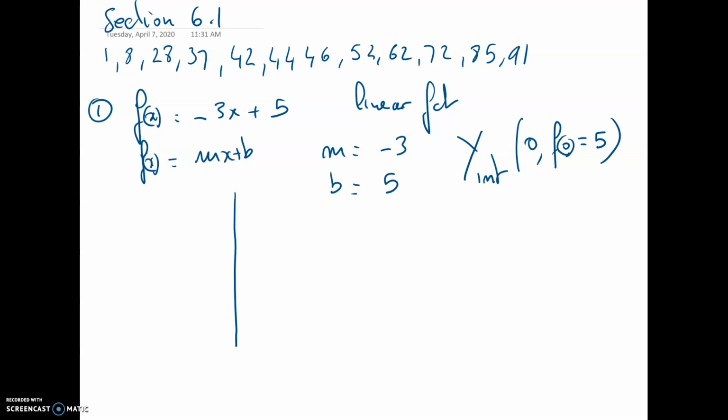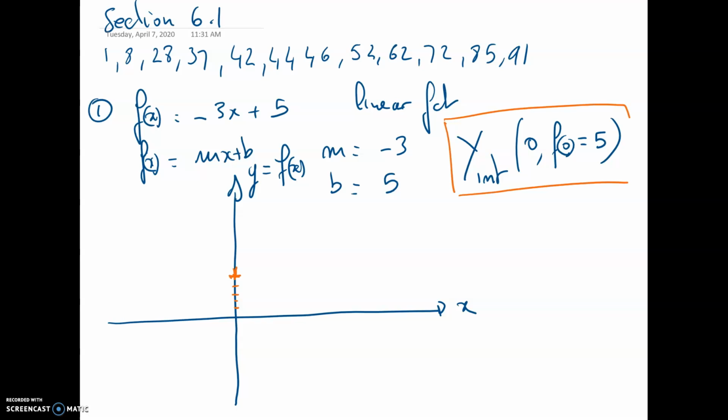So if you want to graph that function, you will graph a Cartesian coordinate system with the y-axis and x-axis, where y equal f of x, and you are going to plot your y-intercept, which is 1, 2, 3, 4, 5. This is the y-intercept right here, (0, 5).